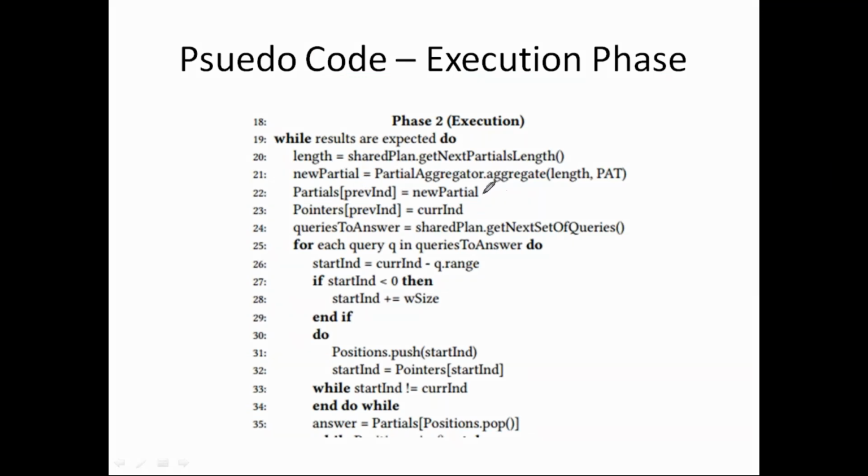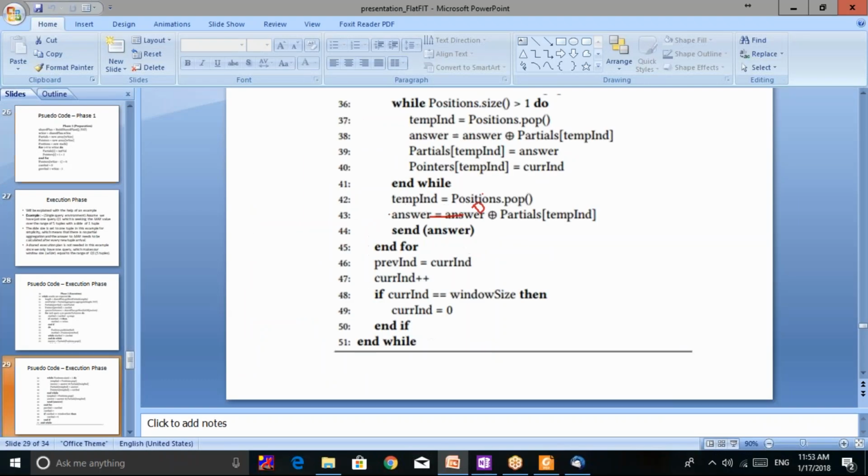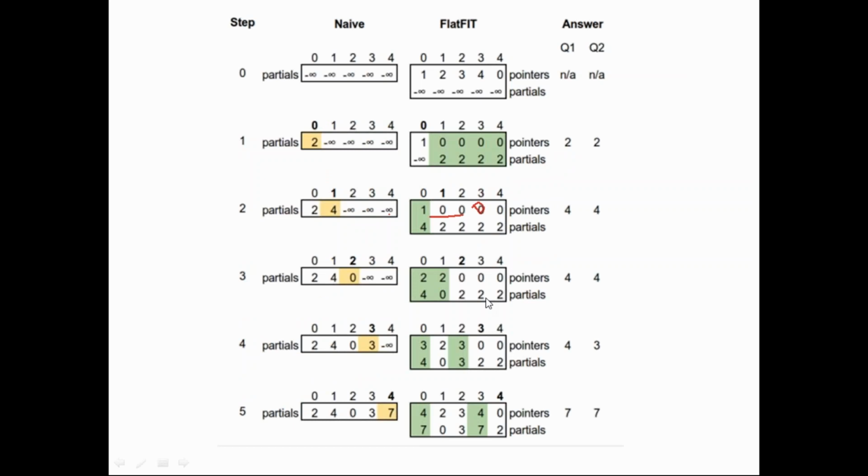So we are done till here. Pointer of previous index is current index. What is the value of current index? It was 0. Previous index is 4. So pointer of 4 will be 0.